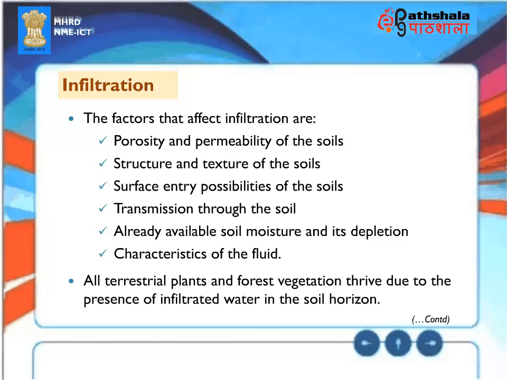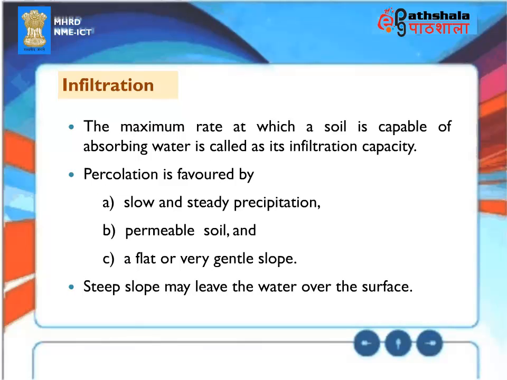All terrestrial plants and forest vegetation thrive due to the presence of infiltrated water in the soil horizon. The maximum rate at which a soil is capable of absorbing water is called as its infiltration capacity.